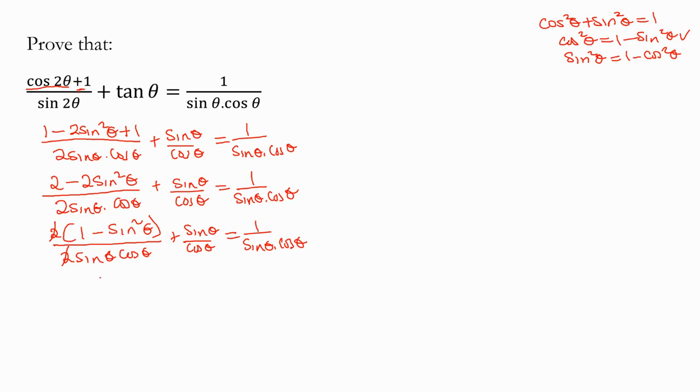So we write that: cos squared theta over sine theta times cos theta plus sine theta over cos theta is equal to 1 over sine theta cos theta.